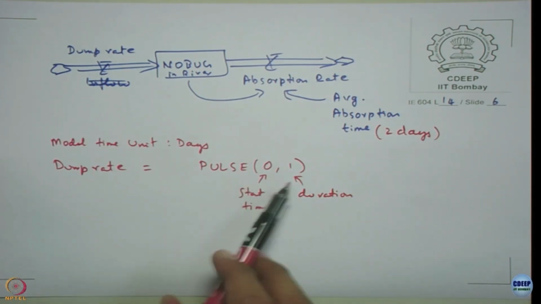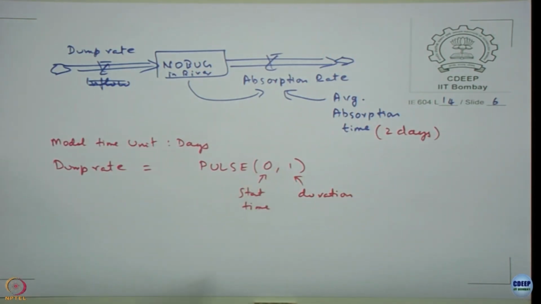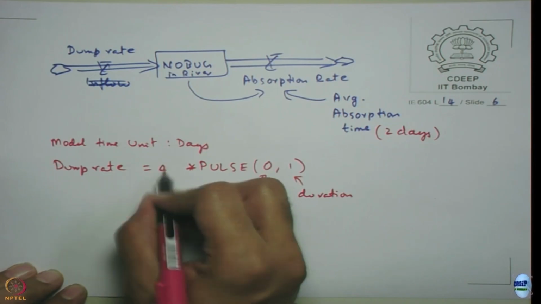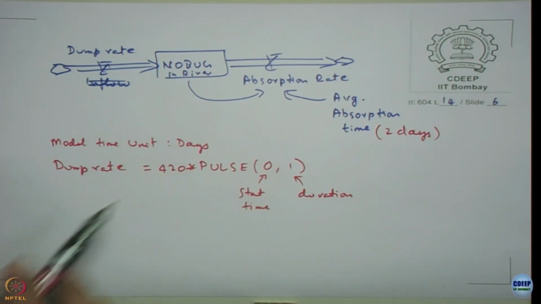So, at time 0 there is one pulse, 1 unit occurs at time 1, but what we already know is it dumps 420 gallons, right. So, I just multiply this by 420. So, dump rate is 420 multiplied by pulse 0 1.